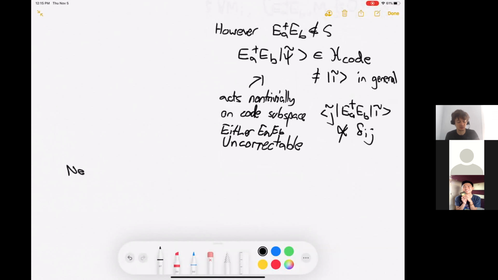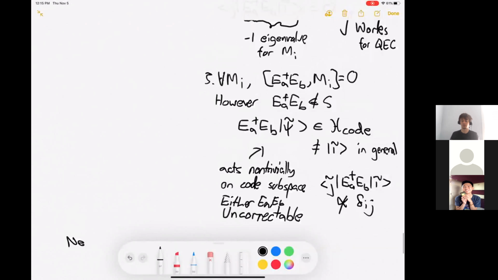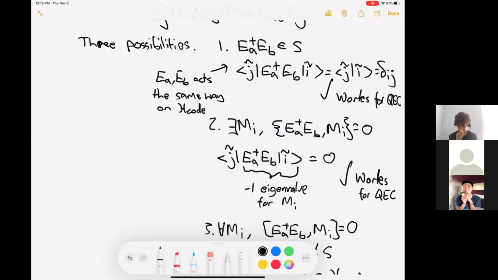So we need, yeah, go ahead. Yeah, I just had a quick question on case 2. Yep. So we make the argument that because EA dagger EB anti-commutes with MI, then the EA dagger EB I tilde has to have negative eigenvalue for MI. Yep. And then we assume that the state J has plus eigenvalue for MI because J's in the code subspace. Exactly. And do we know that MI doesn't connect +1 and -1 eigenvalue states?